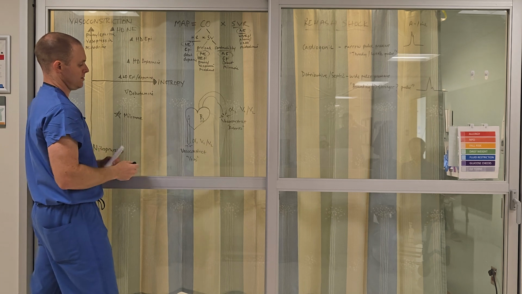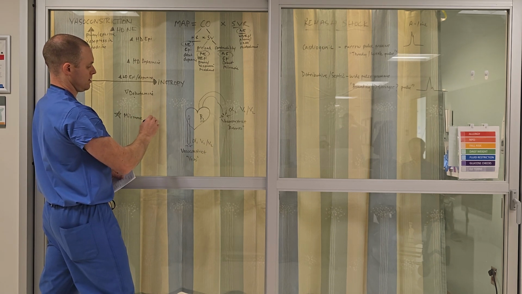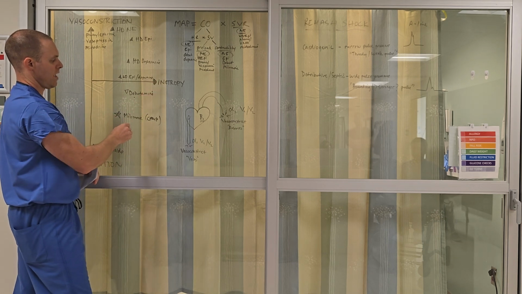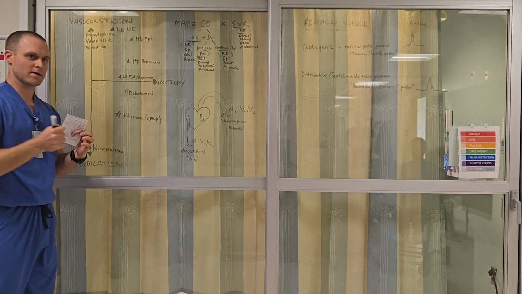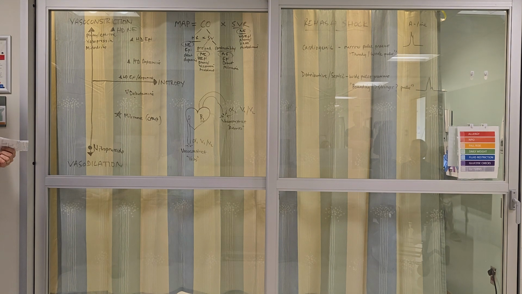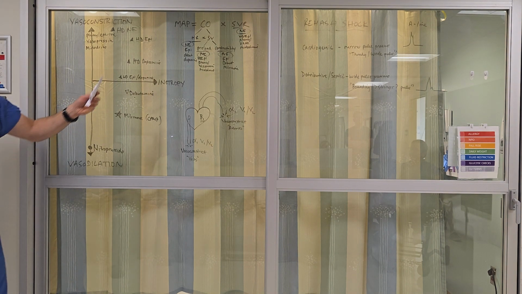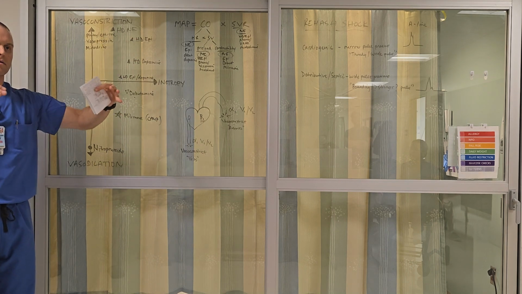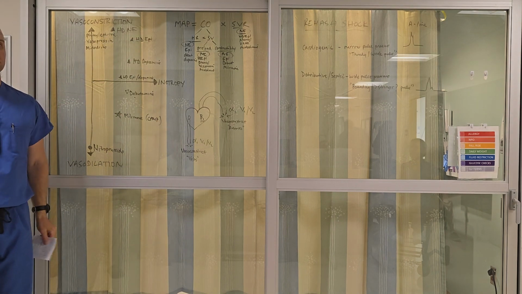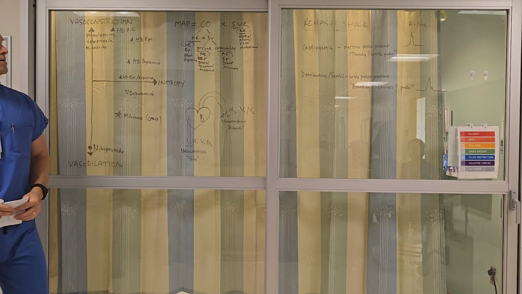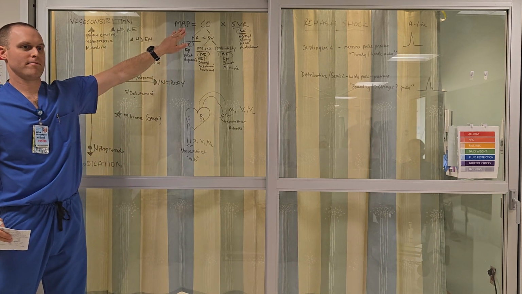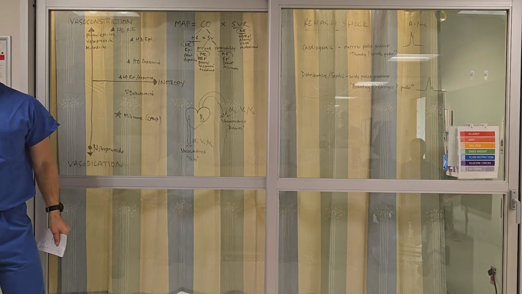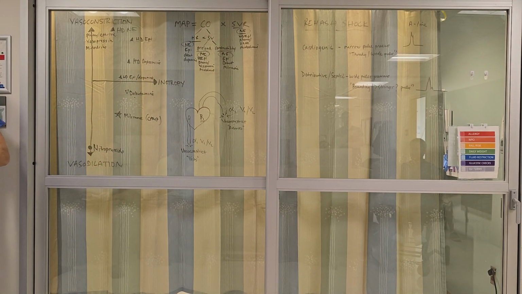Milrinone works through a different cAMP pathway in the cells, but same effect in terms of inodilating, increasing contractility. Okay? And then with this equation, we can tag all the pressors onto the skeleton of knowledge. This is where they fit into the equation, and this is how we make it make sense and increase our MAP, because our MAP is directly related to these variables. And that's how we manipulate them with those vasopressors.